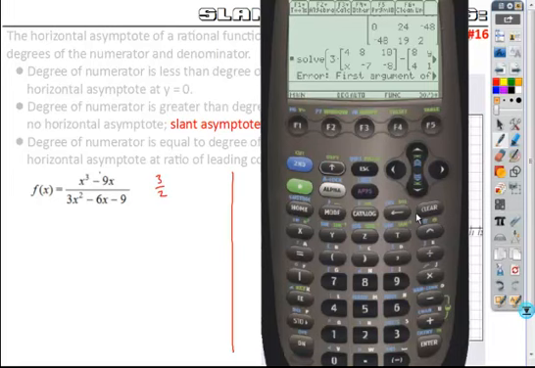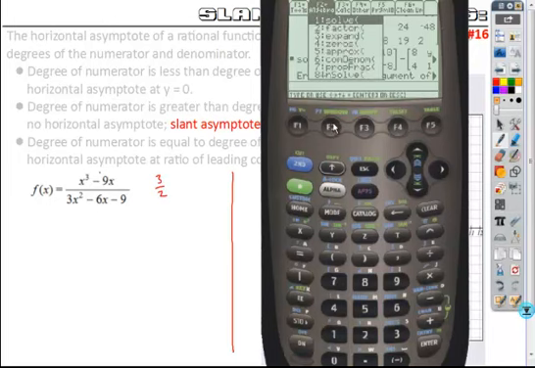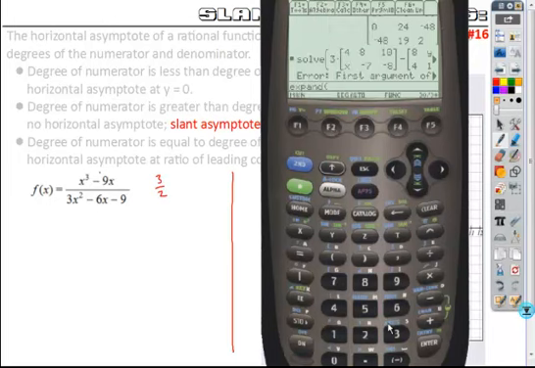What command? Expand, good. So if we go to the Algebra 2, F2 Algebra tab, hit option 3, expand, I'm going to put my numerator in grouping symbols, so x cubed minus 9x. Close that off and then divide by the entire quantity of my denominator, 3x squared minus 6x minus 9. Close that off and then close off the expand command.